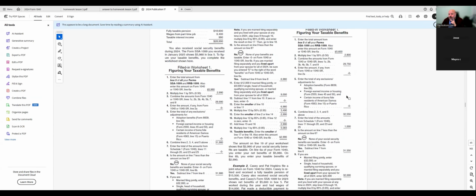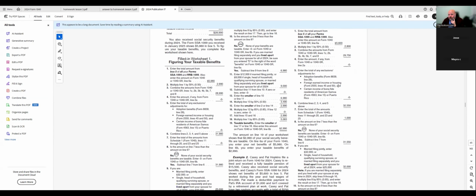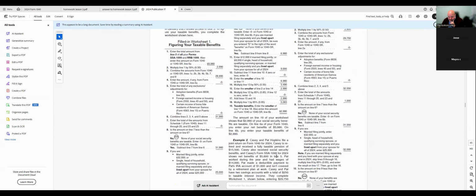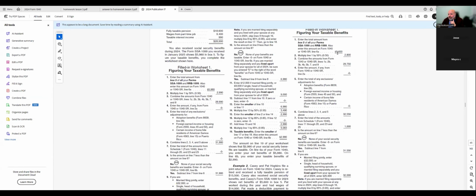Okay, so we go over here, and here it's broken down. 5,600 Social Security benefits, we divide that in half, 2,800.